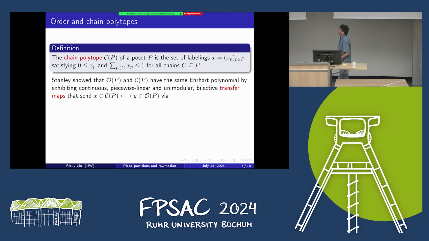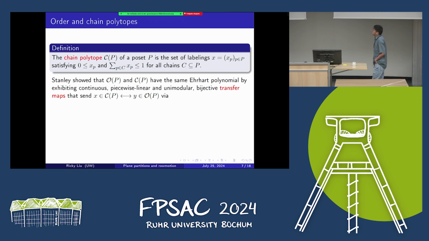And there's a well-known result by Stanley in his paper on these two poset polytopes, where he showed that for a given poset, the order polytope and the chain polytope have the same Ehrhart polynomial.